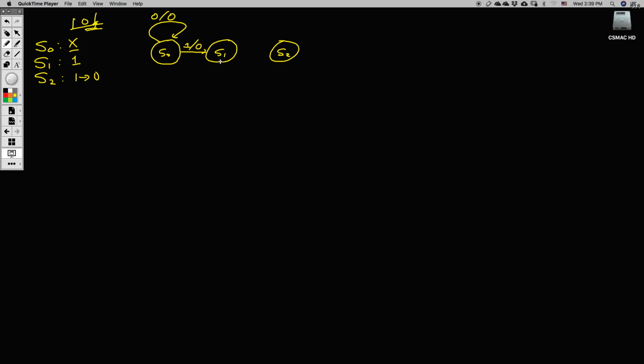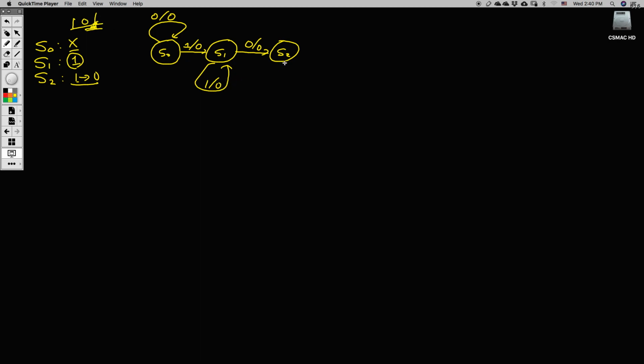In state 1, if I receive a 0, then I'm moving to state 2, 1 and then 0. But here, if I receive a 1, then it just remains in the same state, and output is still 0. I have a 1, but if another 1 comes, that's just the start of the bit pattern again.